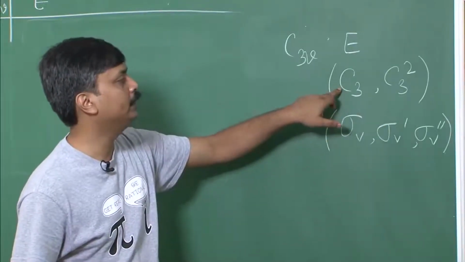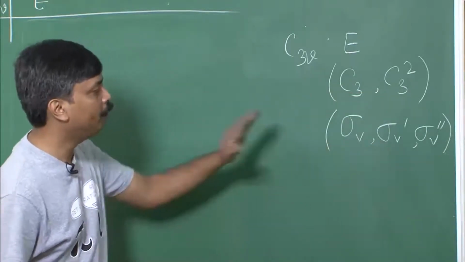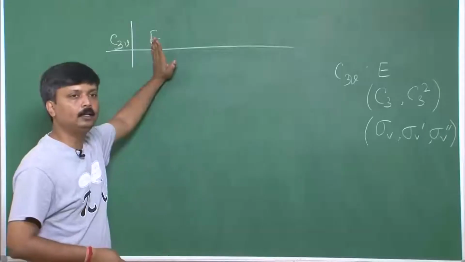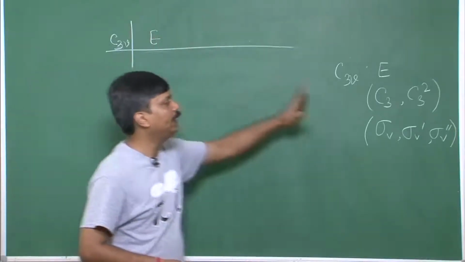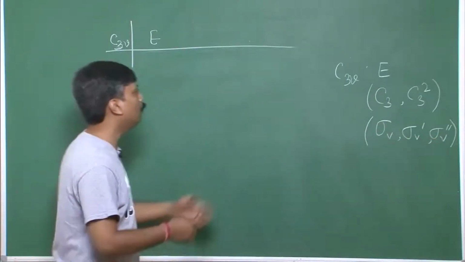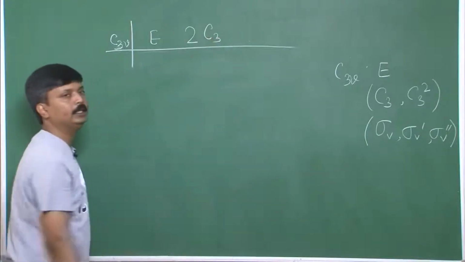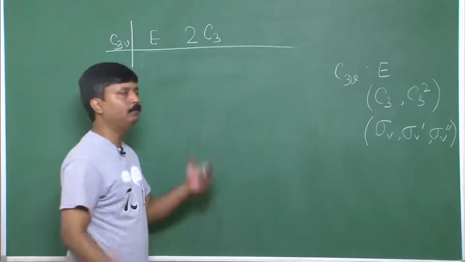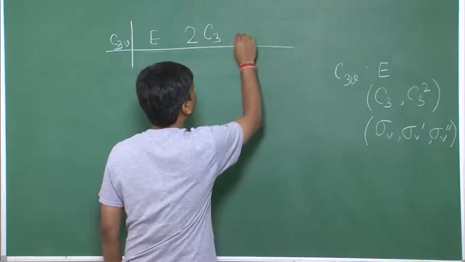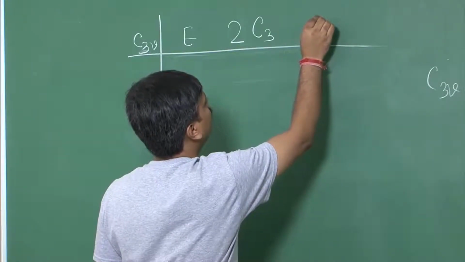Similarly, the characters of C3 and C3 square will be the same, because they form a class. Therefore, while writing the character table, I do not have to write explicitly C3, C3 square, sigma v prime, sigma v double prime. Instead I can write 2 C3, because C3 and C3 square will have the same character. Without repeating all these characters, we can club them together.